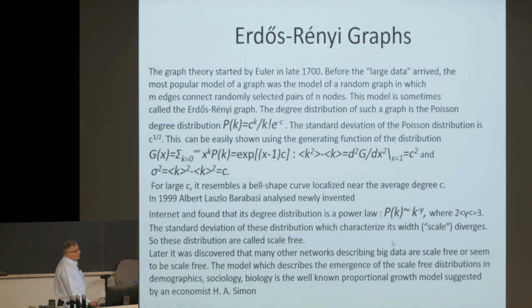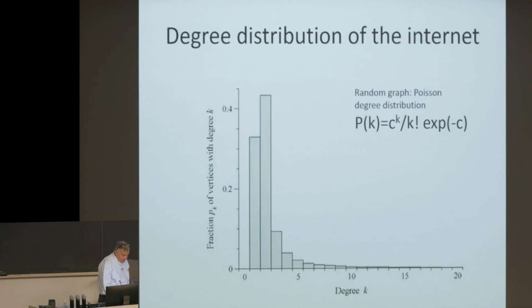But of course, the fact that many different entities in nature or in society are distributed in a power law was known long before. And actually it was studied in economics by Simon, actually Herbert Simon, the famous economist.